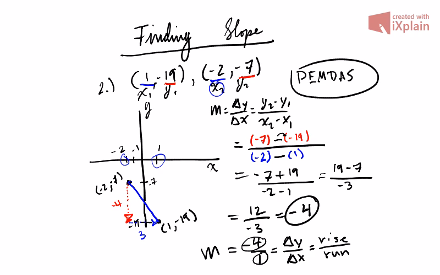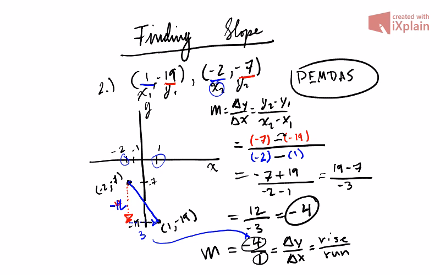And the difference between -7 and 19 is this right here. It's -7 minus 19. This should be down 12, right? Because -12 divided by 3 gives you this 4.